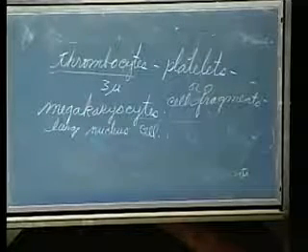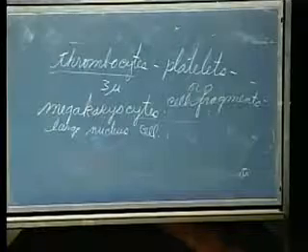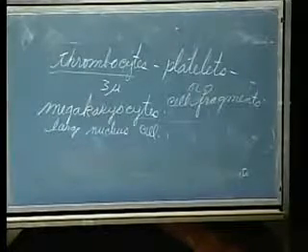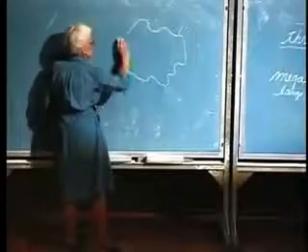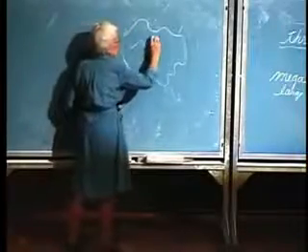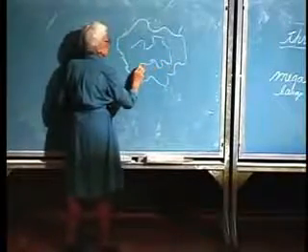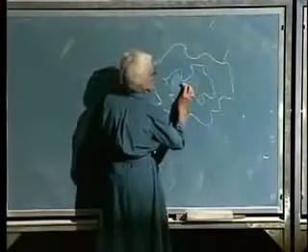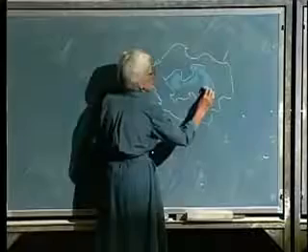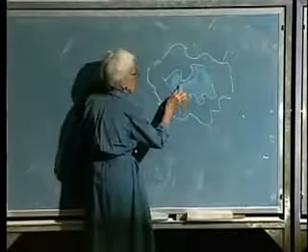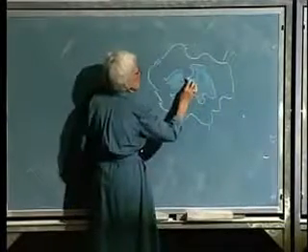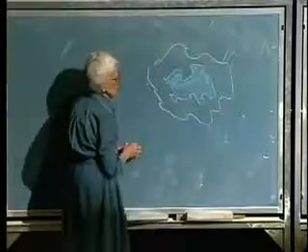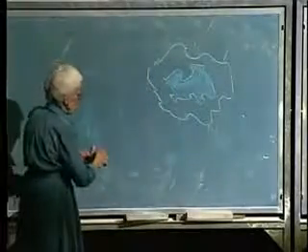So if we draw a megakaryocyte, we'll find it's a large, sort of irregular cell with a large, irregular nucleus. So this is our megakaryocyte.